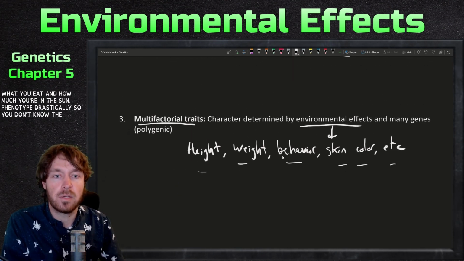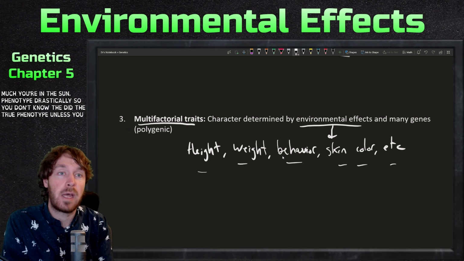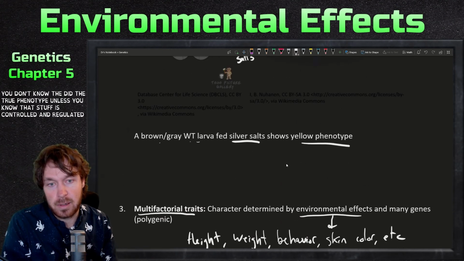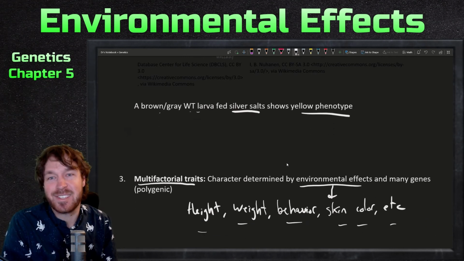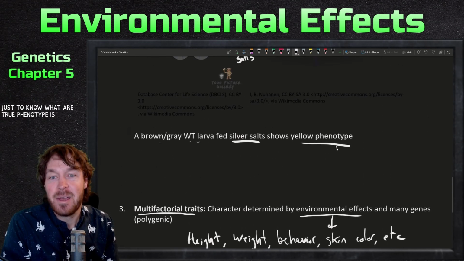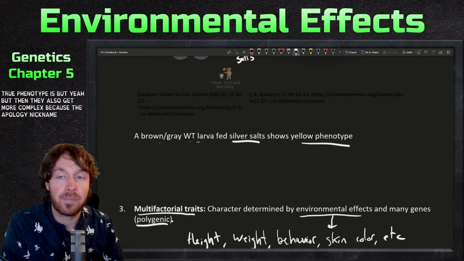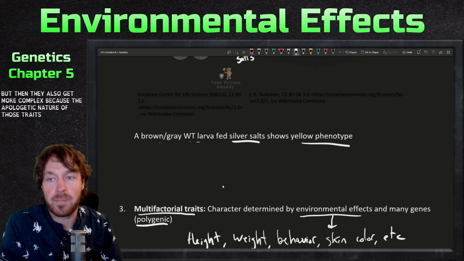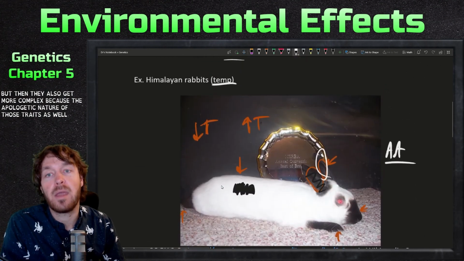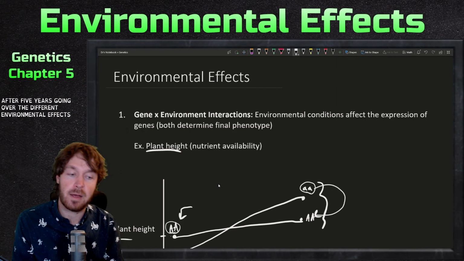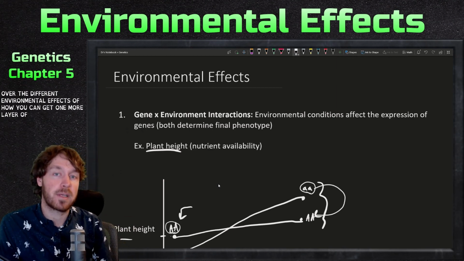So you don't know the true phenotype unless that stuff is controlled and regulated, which, we're humans, we're not going to control and regulate that just to know what our true phenotype is. But then they also get more complex because of the polygenic nature of those traits as well. But yeah, a little video to end this chapter 5 here, going over the different environmental effects of how this can get one more layer of complexity.